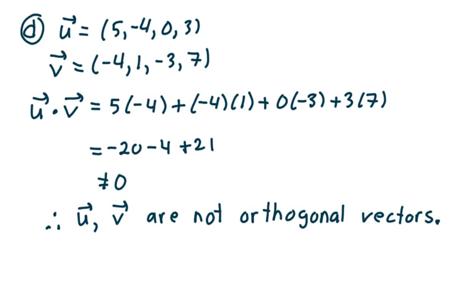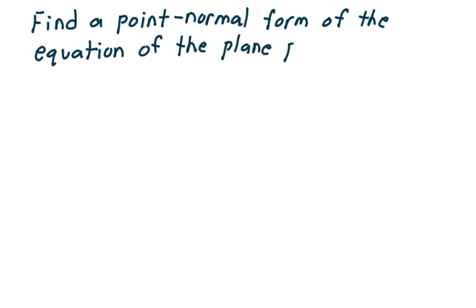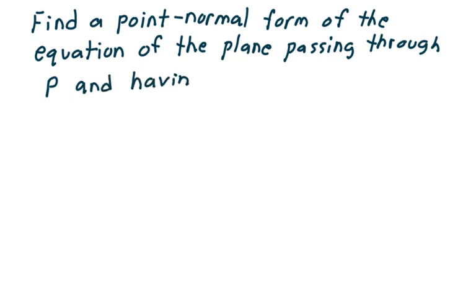Now, the directions say to find a point normal form of the equation of the plane passing through P and having n, the vector n, as a normal.